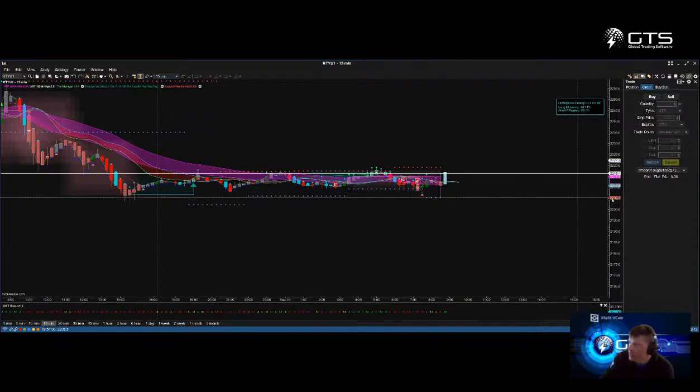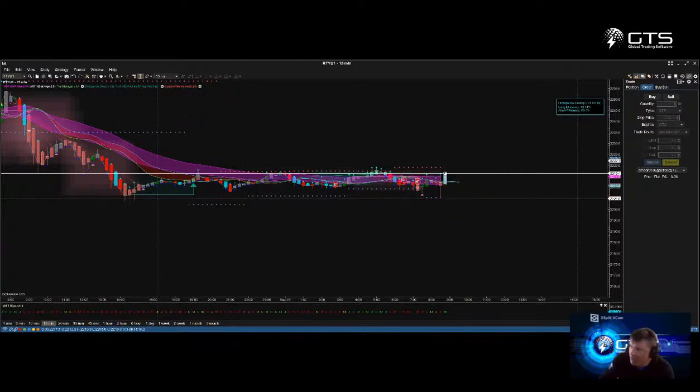All right, so there's a couple of things that you need to look at here. When you're doing trades with this system, you got to use the Heikin-Ashi candles. I love them because, let's look at this right here.